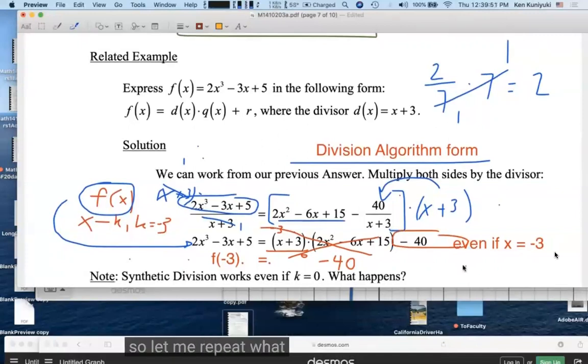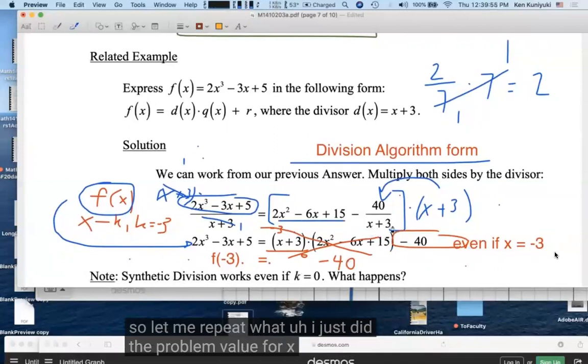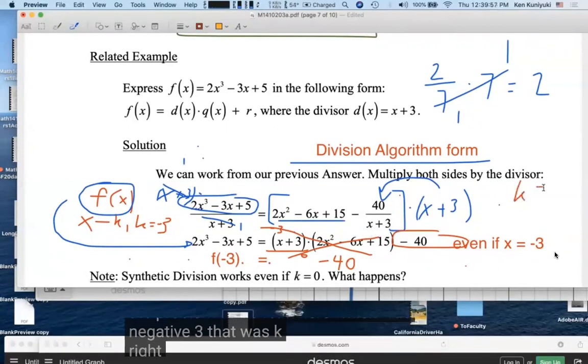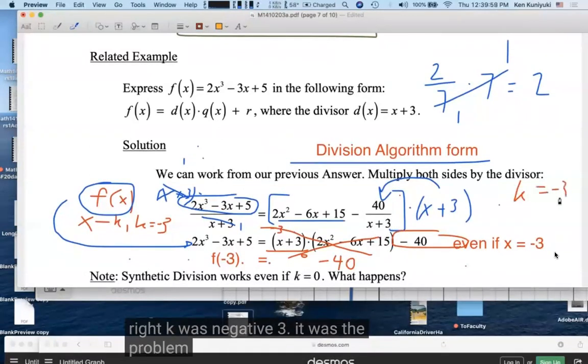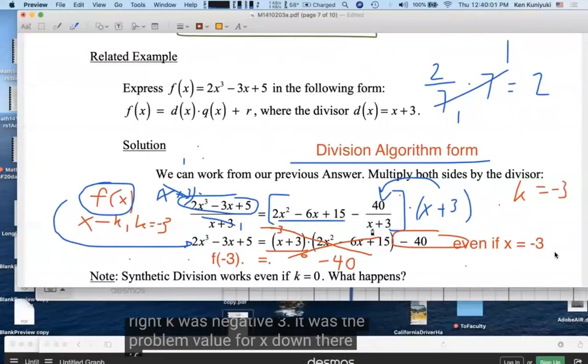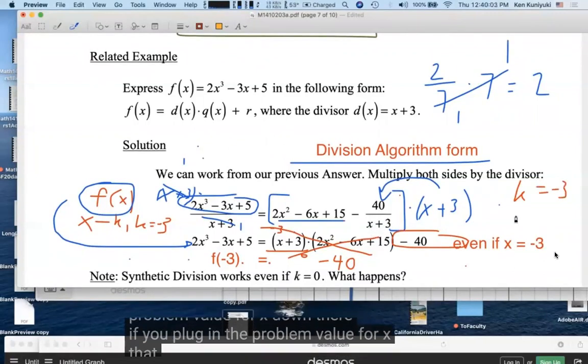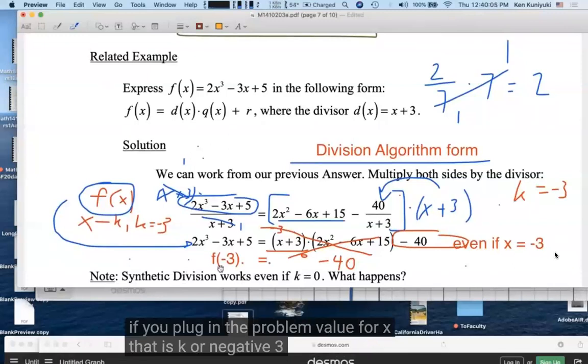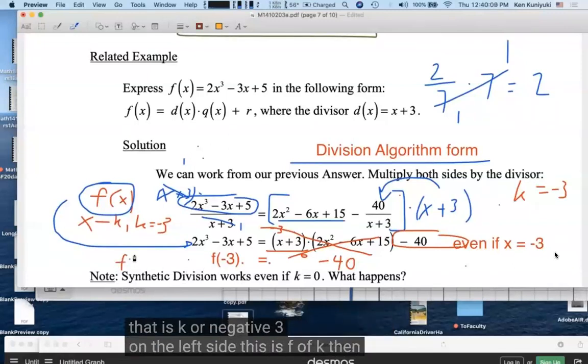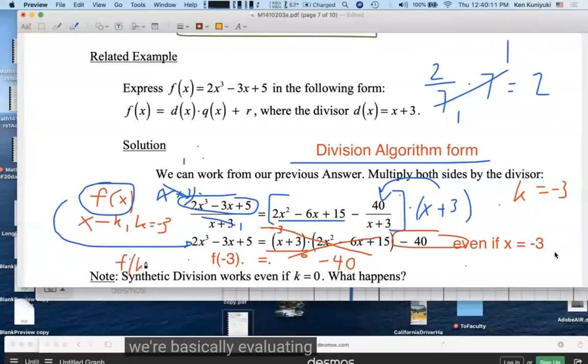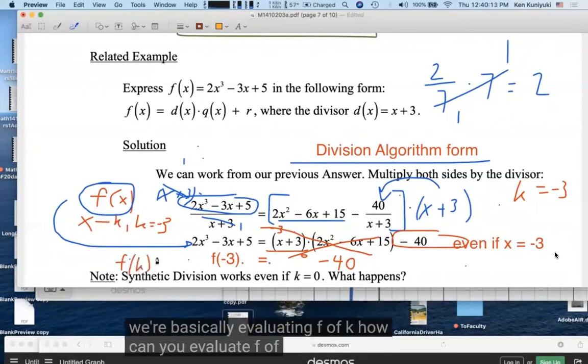So let me repeat what I just did. The problem value for x here, which was -3, that was k, right? K was -3. It was the problem value for x down there. If you plug in the problem value for x, that is k, or -3, on the left side, this is f of k then. We're basically evaluating f of k. How can you evaluate f of k?